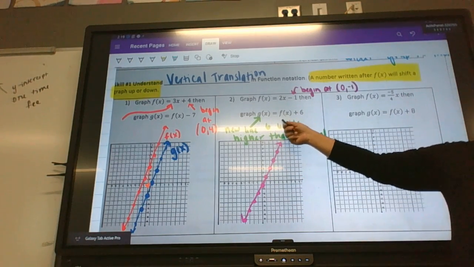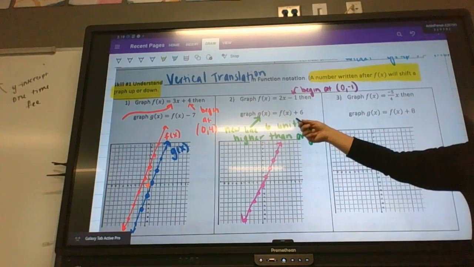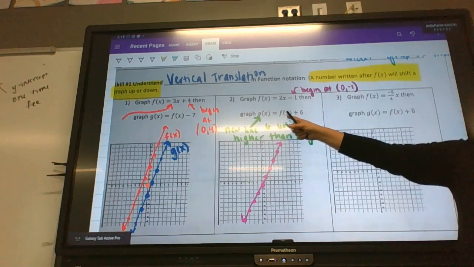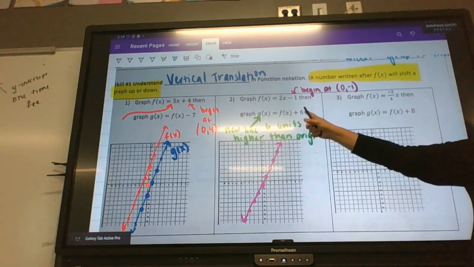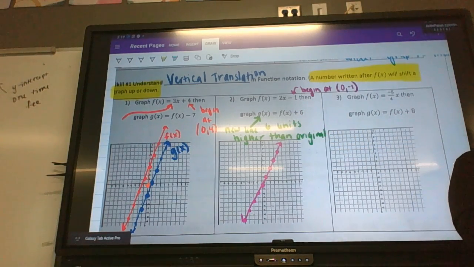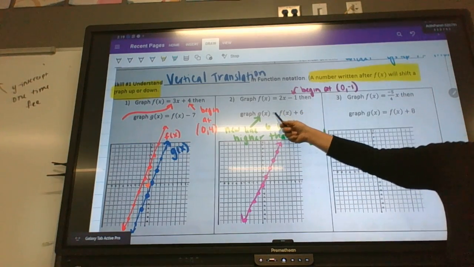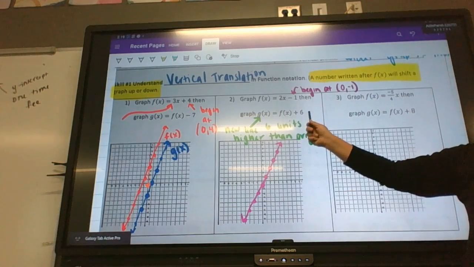These symbols are more complicated than a regular equation. This means take an existing line and count up 6 from that existing line. This one's called F, the new one's called G. G is F plus 6.